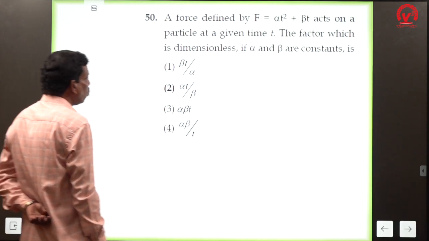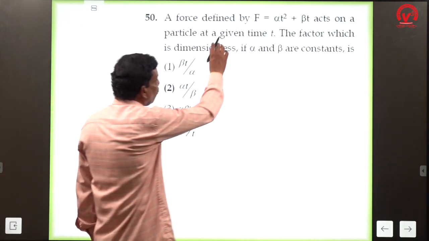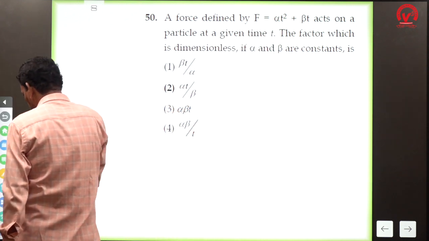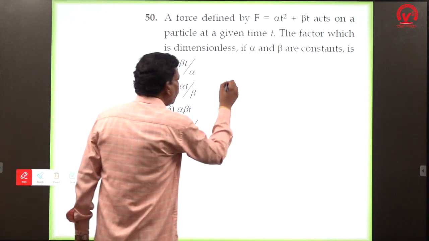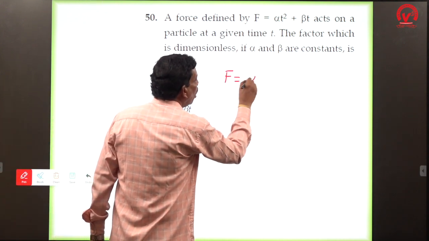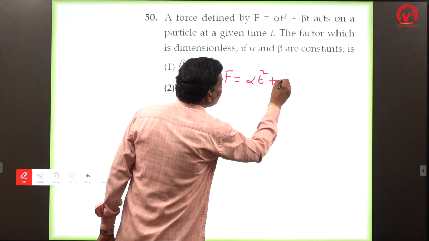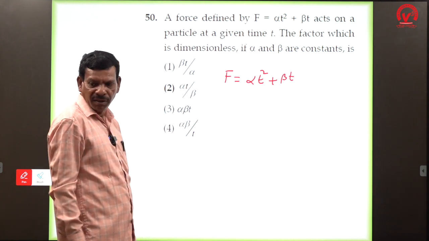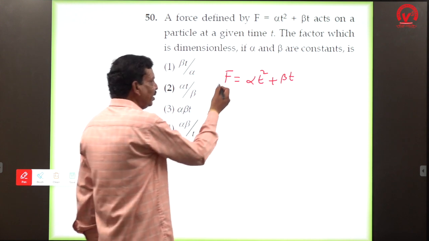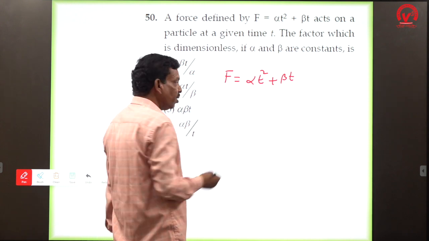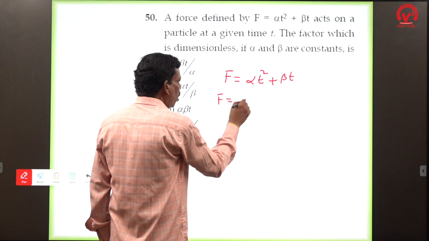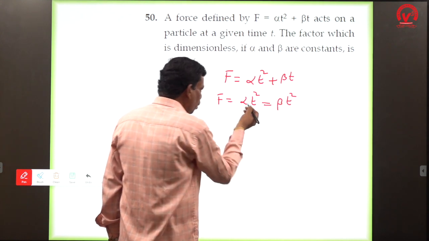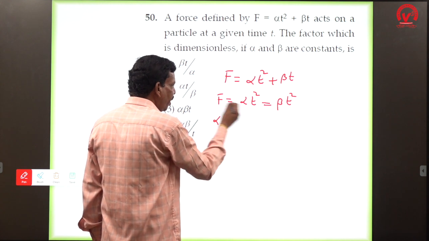The last question. The force is defined as F is equal to alpha T squared plus beta T. From the principle of homogeneity in the first chapter, units and dimensions, F is equal to alpha T square is equal to beta T, separated individually. Alpha is equal to F by T square.